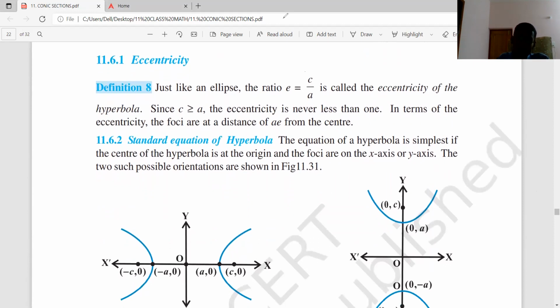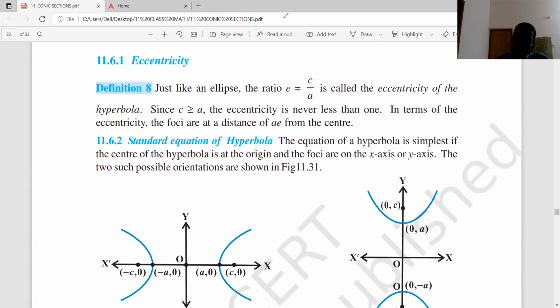Again here also eccentricity, same thing, just like the ratio C by A, which is E. The problems ask us about eccentricity, but we don't use it in deriving any of the formulas. If you go to IIT, then you have a wide usage and deep understanding of eccentricity. But here we only need to remember what eccentricity is.